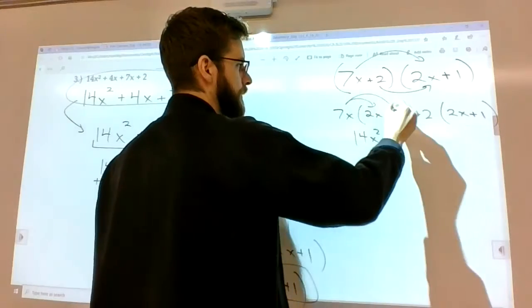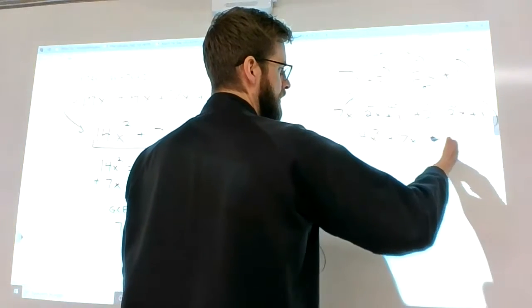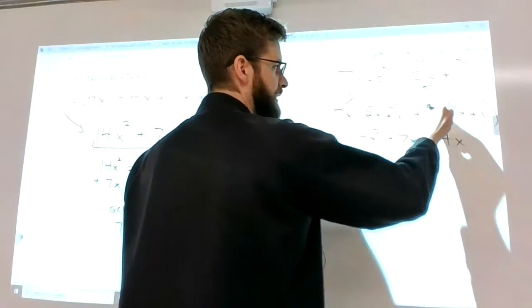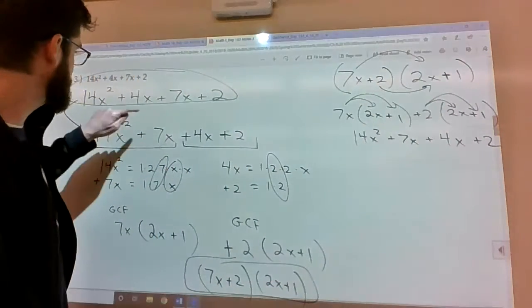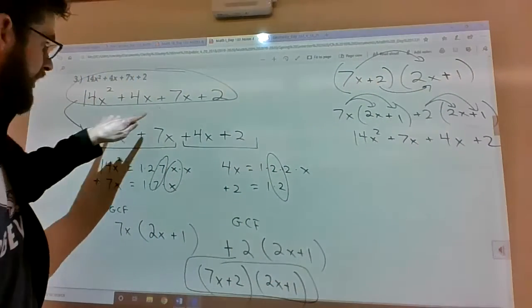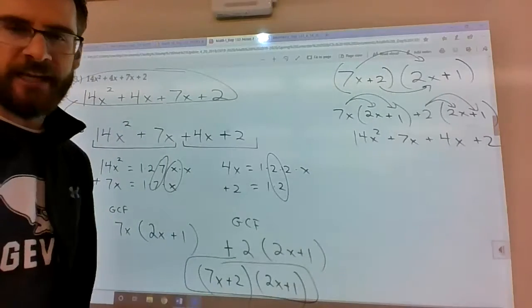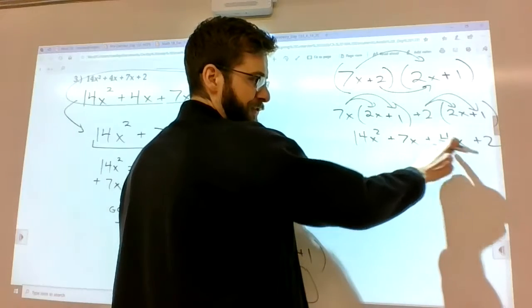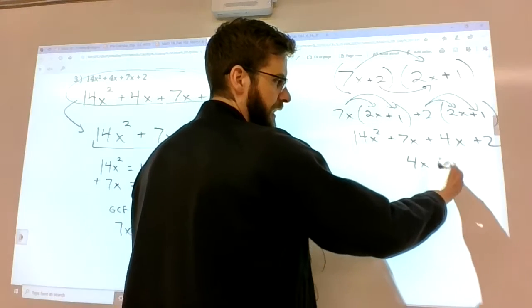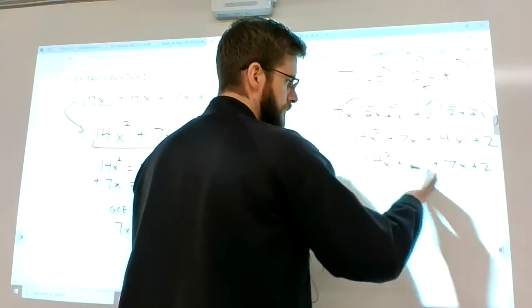That gives 14x squared plus 7x plus 4x plus 2. Well, that's exactly what we had here once we reverse the order of it. I can even take it one step further and say, from the commutative property, 7x plus 4x is the same as 4x plus 7x.